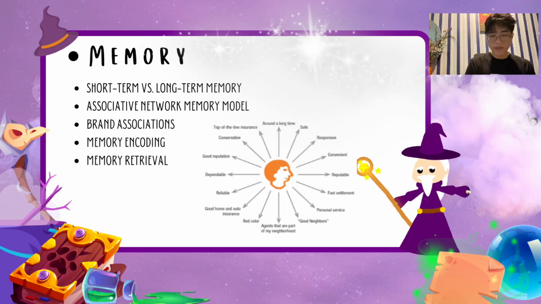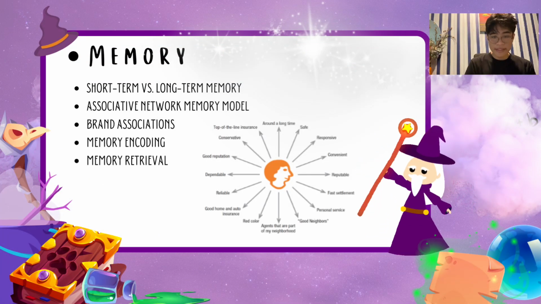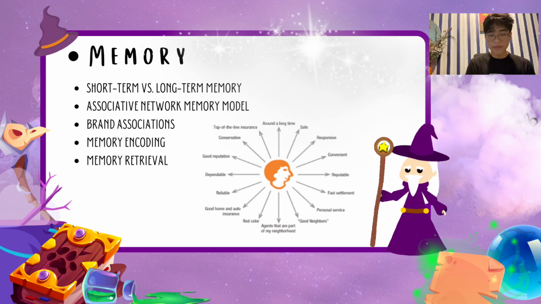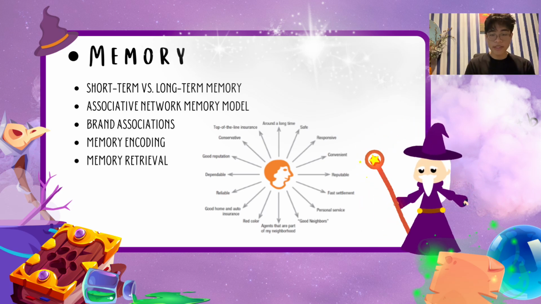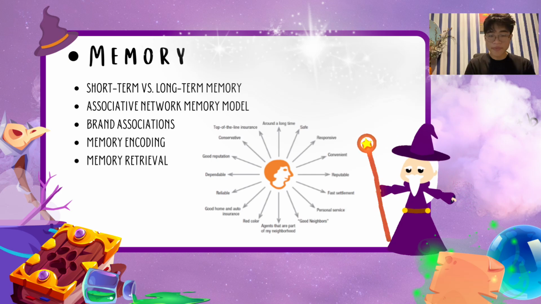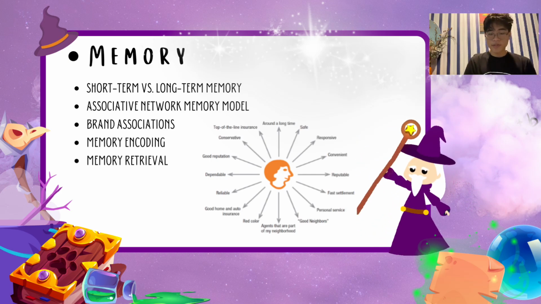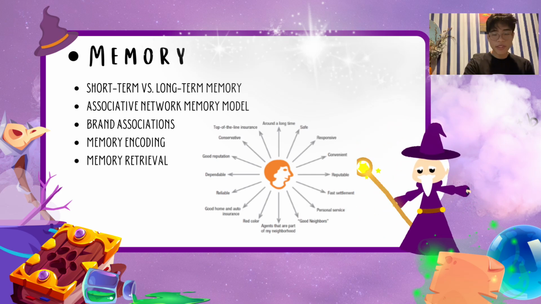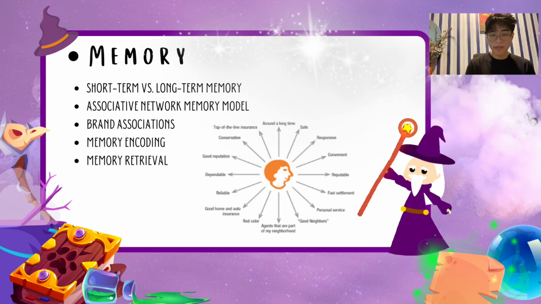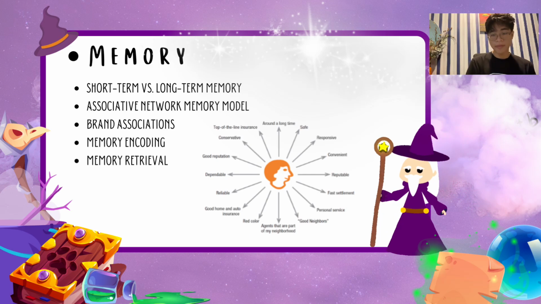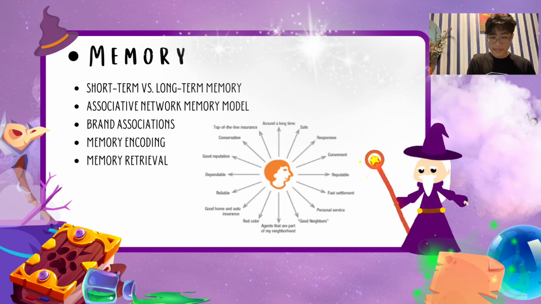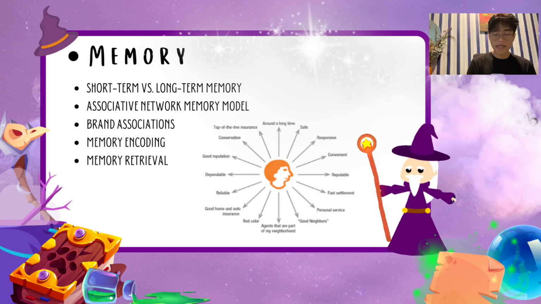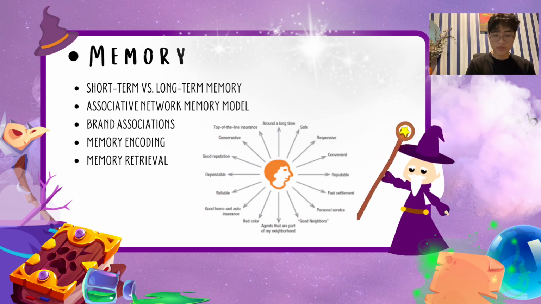Memory also plays a crucial role in how consumers perceive and interact with brands. Our brains store information in both short-term and long-term memory, and brands that create a strong association are more likely to be remembered. In the associative network memory model, consumers link brands to emotions, experiences, and key attributes like reliability, quality, or trustworthiness.